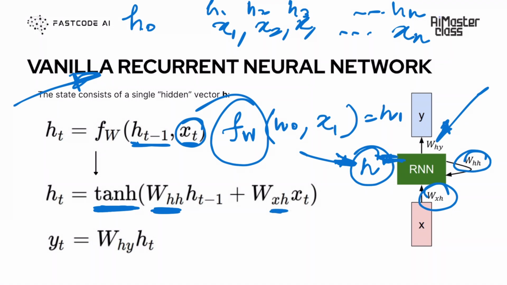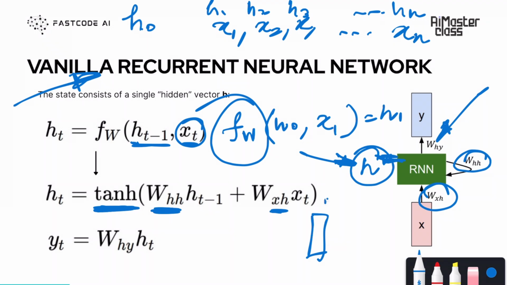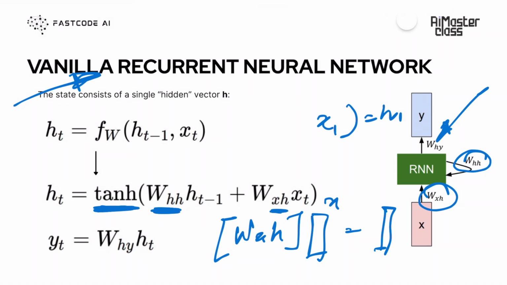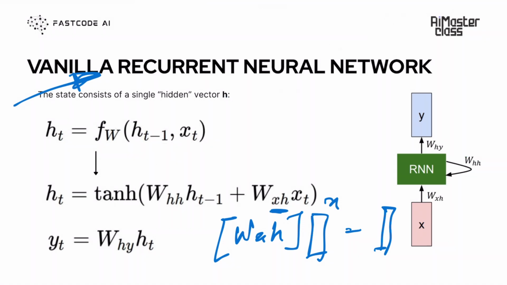So let's say you have a vector x, right? You multiply it with your matrix xh, it gives you some vector, and then you also have another vector which goes from hidden to hidden.